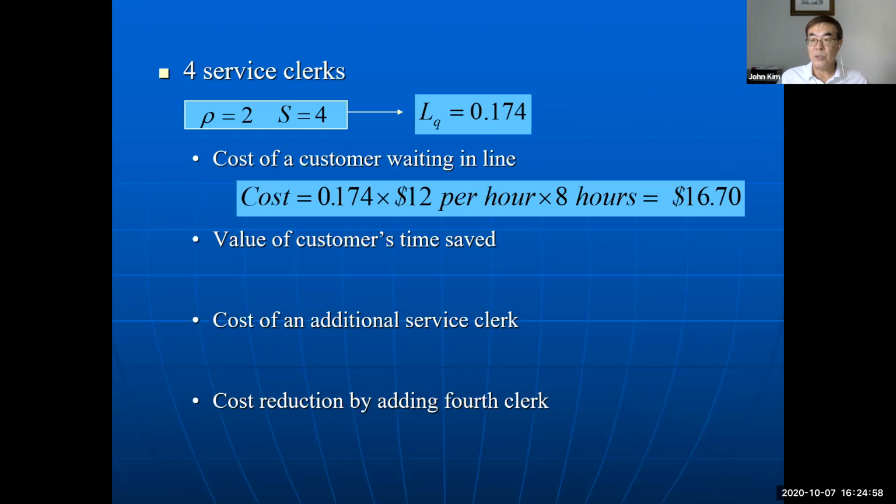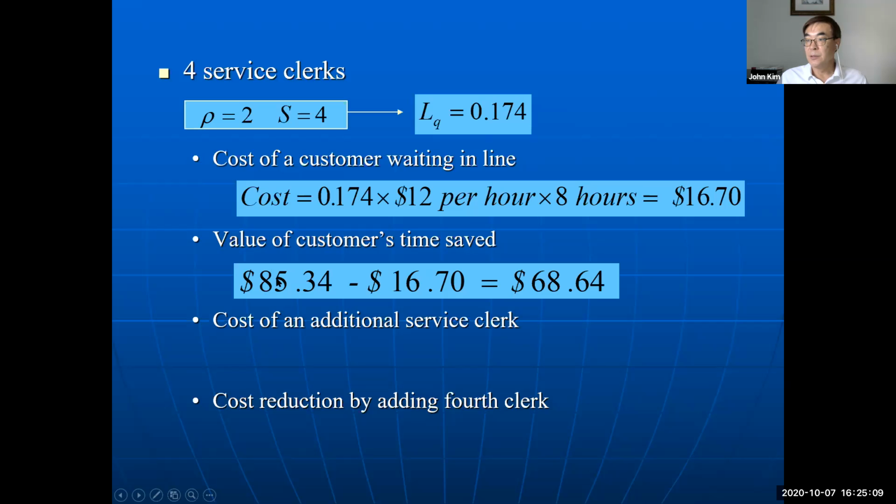So by hiring one more clerk, how much customer cost is saved? This one, when 3 workers work, customer cost we calculated earlier. And then customer cost when 4 workers work.